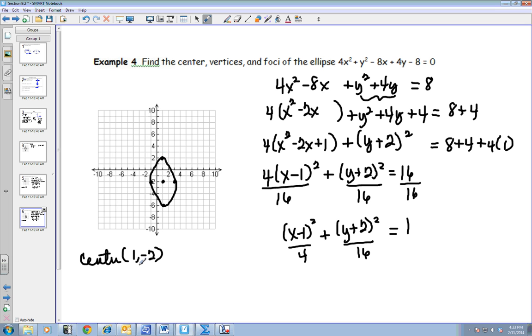Okay, so I have my center. I can write down my vertices just by looking at the graph. My vertices would be, what is that? 1, 2, it would be 3, negative 2.